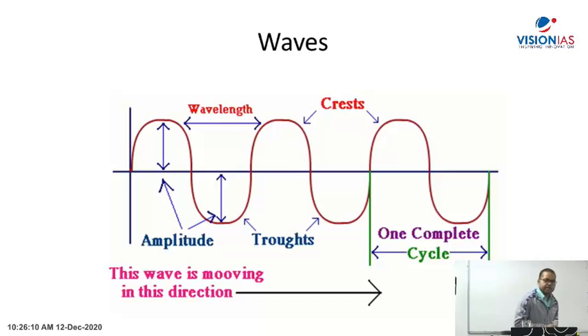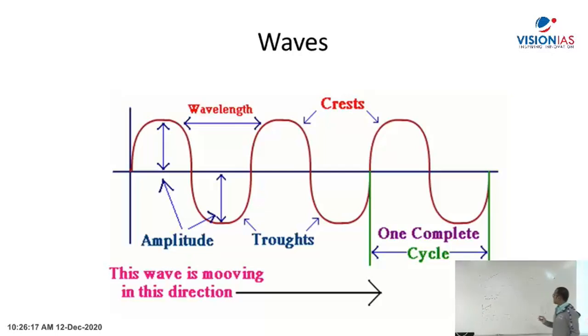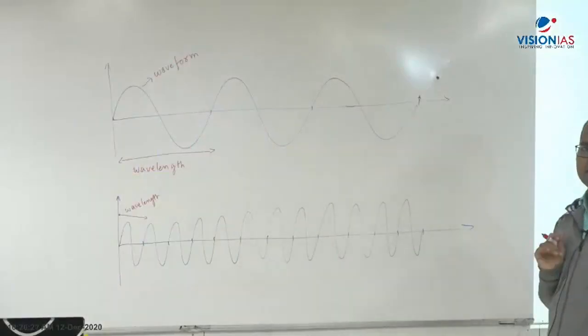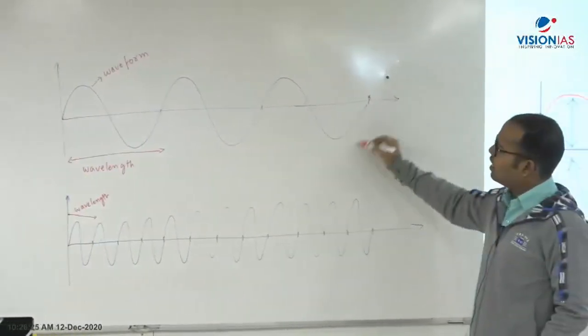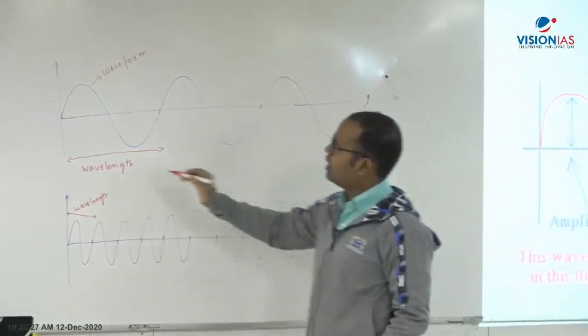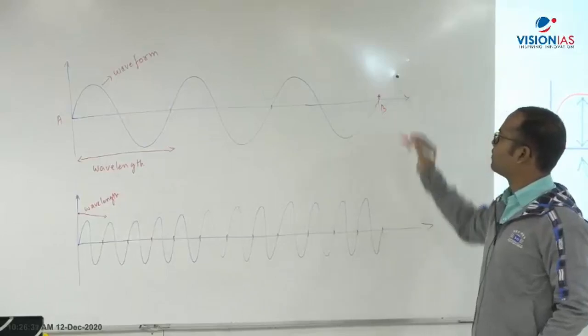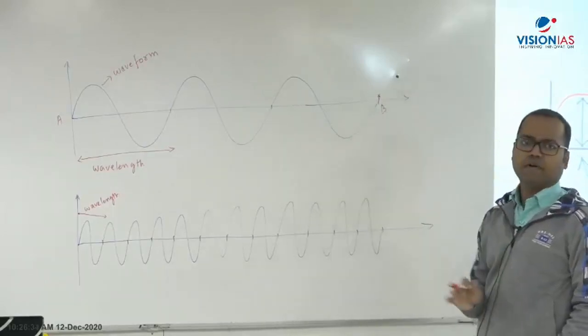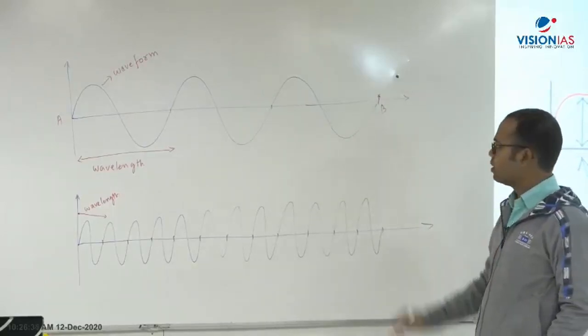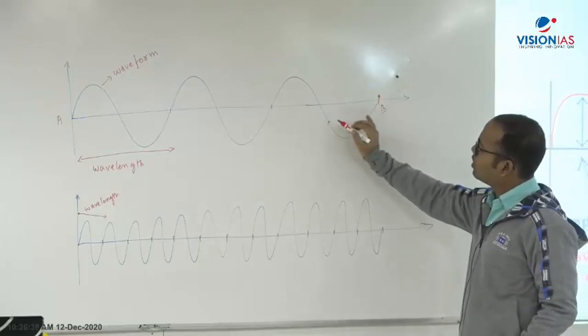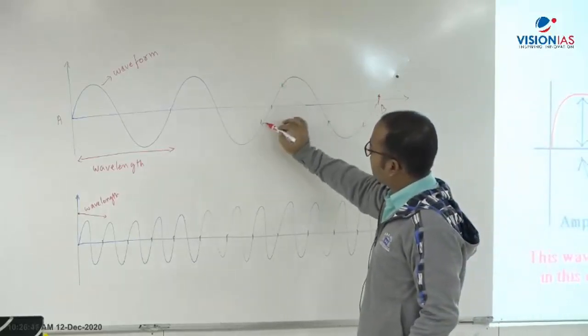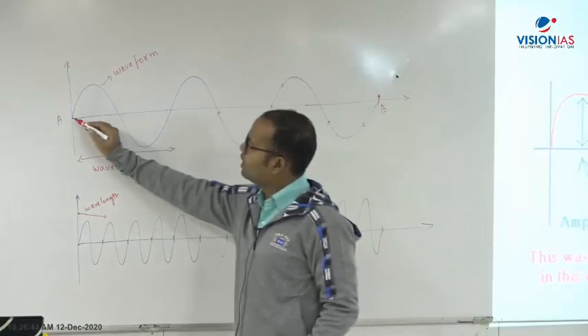So now understand wavelength and frequency. Suppose you are at this place, and you have to reach this place. Suppose this is place A and this is place B, and suppose this is not a wave but a road. You will travel through this road and reach this point.